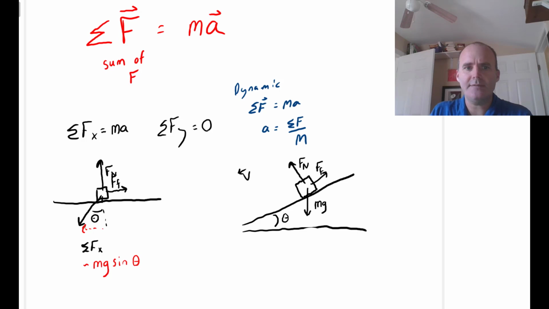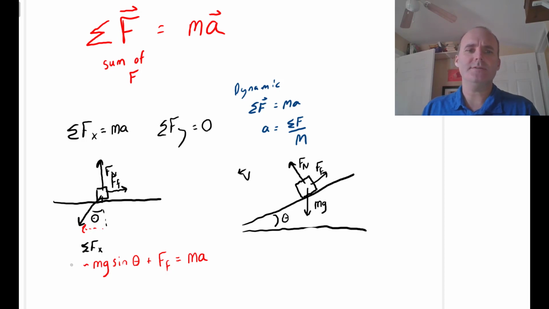And then I'm going to have plus my frictional force, and I'm going to set that equal to mass times acceleration. So this is the sum of my forces in the x direction. I'm summing my two forces.